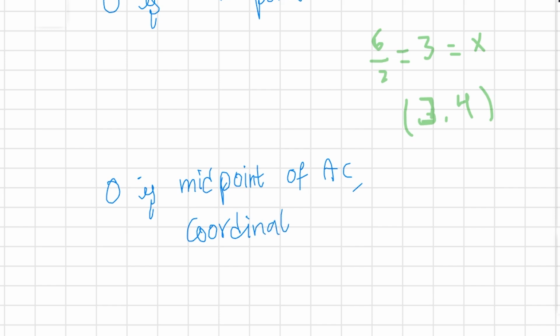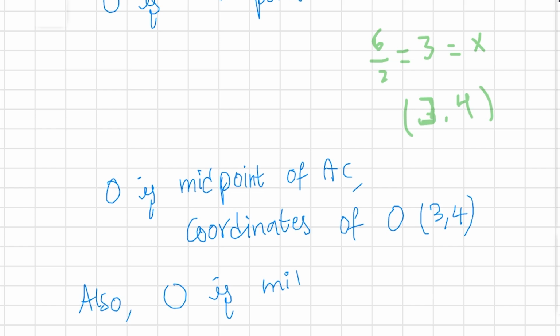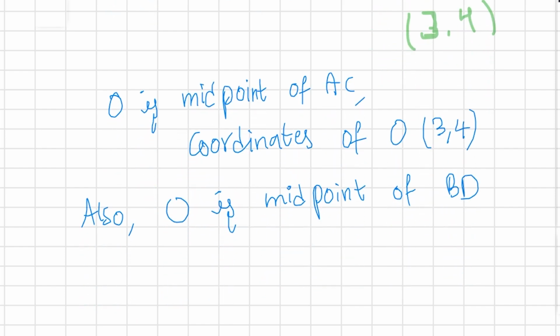Coordinates are 3 comma 4. Correct? Yeah. I think if you add up the coordinates, you'll get the D coordinate. Good. O is also the midpoint of BD.